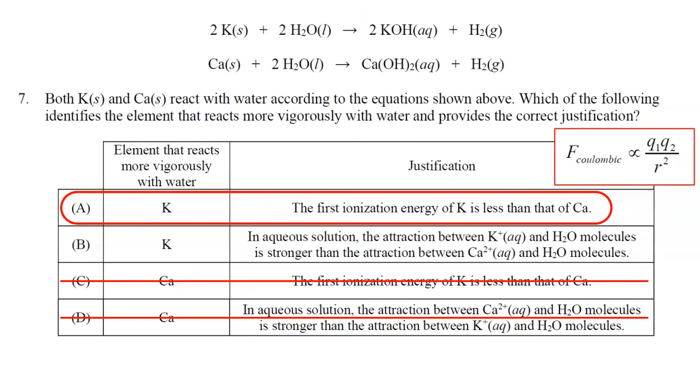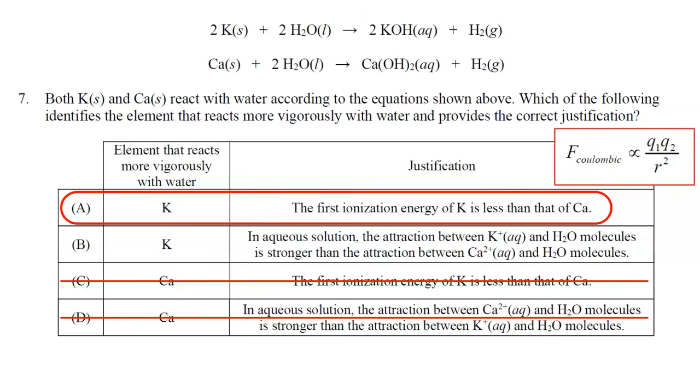So the justification in choice B is actually incorrect. So the correct answer for number 7 is A. Potassium is going to react more vigorously with water than calcium because the first ionization energy of potassium is less than that of calcium. It means that potassium loses electrons more easily than calcium does.